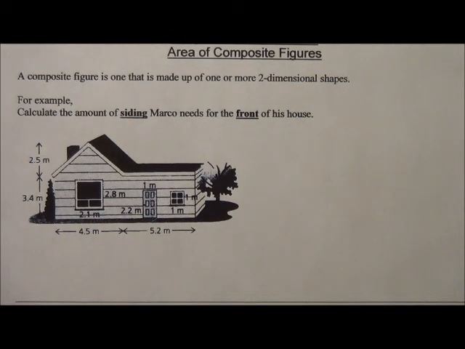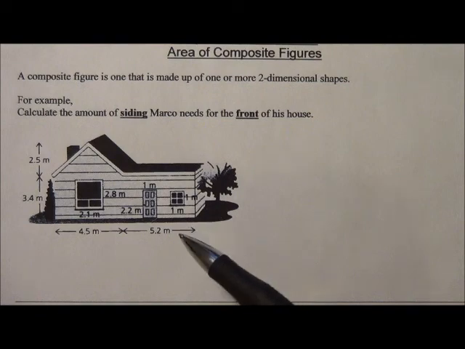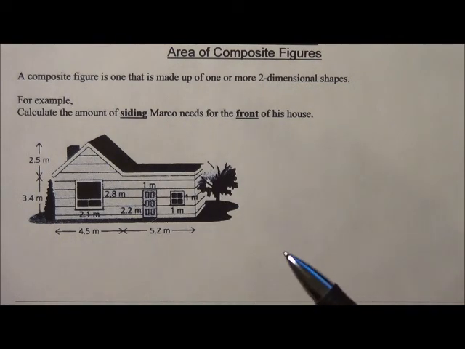So what we need to do is pause for a few minutes, and I'd like you to take a look at this and calculate the area that would need siding. Okay, so I'd like you to please pause the video.